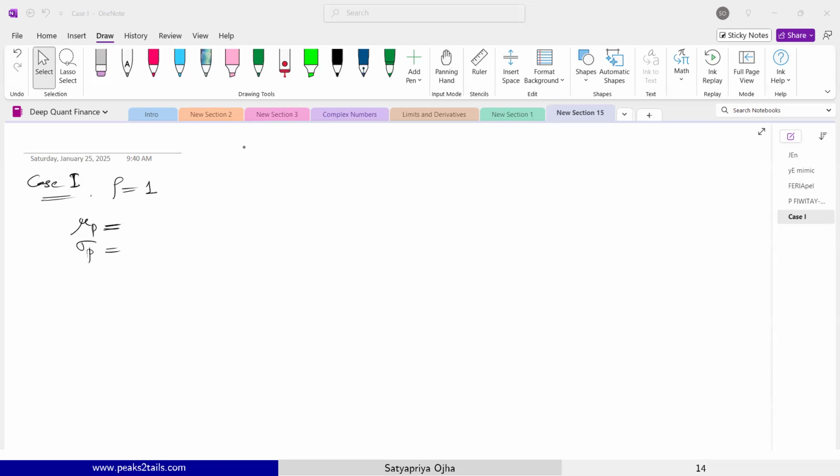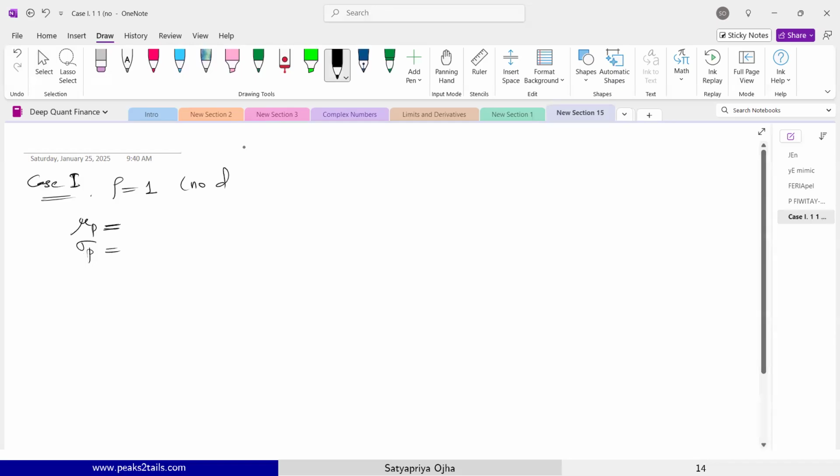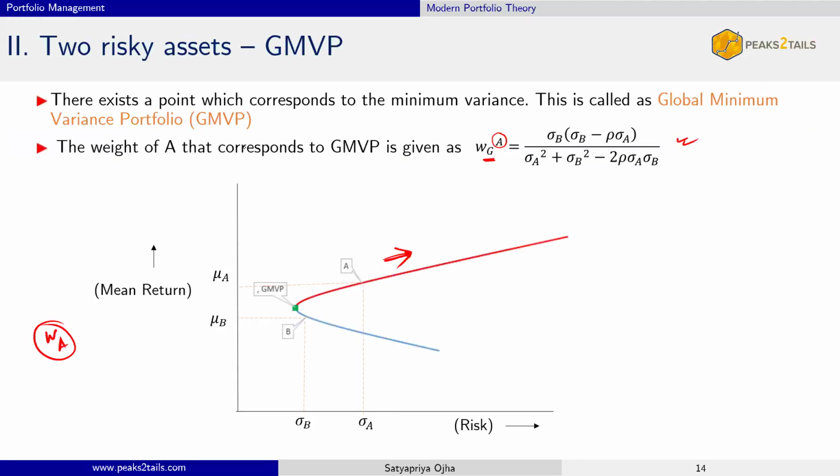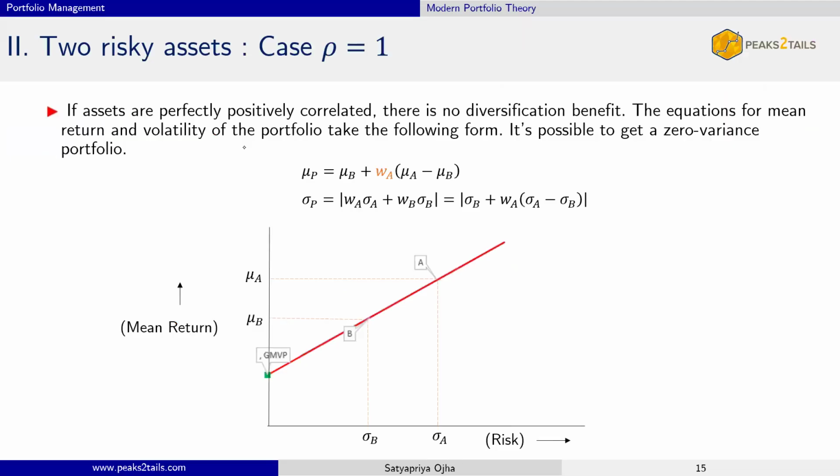Okay, so case one is rho equal to one, and this means no diversification benefits. No diversification. Assets are perfectly positively correlated. Let's go back to the slide. I have everything here. The equation for mu p remains the same because mu is not affected by correlation, right?